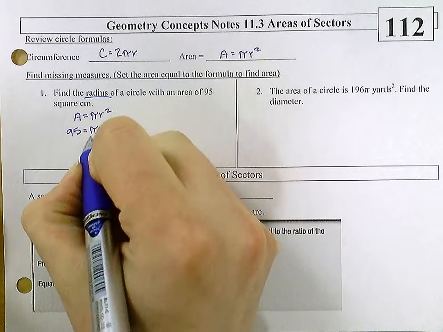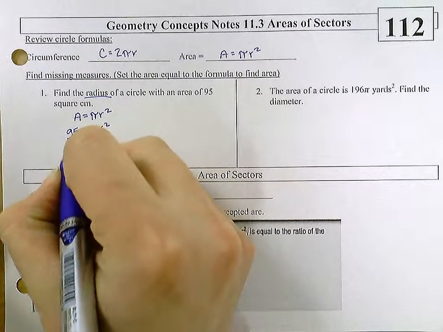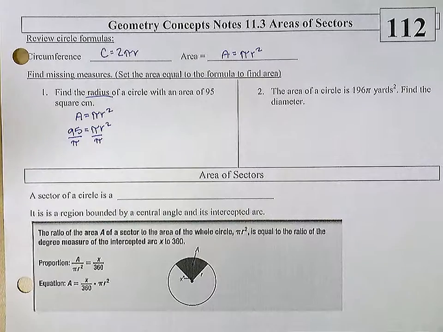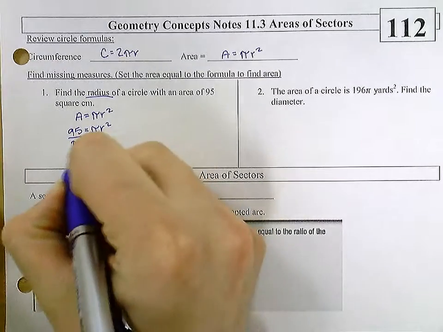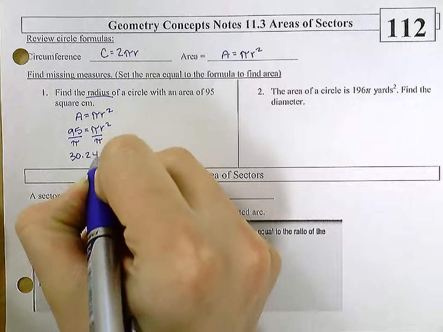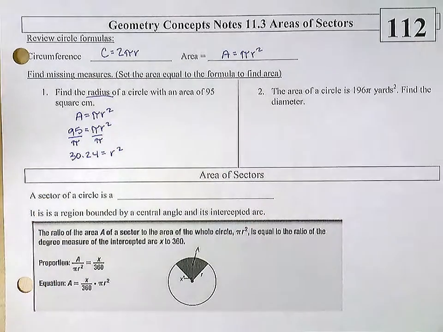So I would divide both sides by pi. And I got about 30.24, and that's equal to r squared.